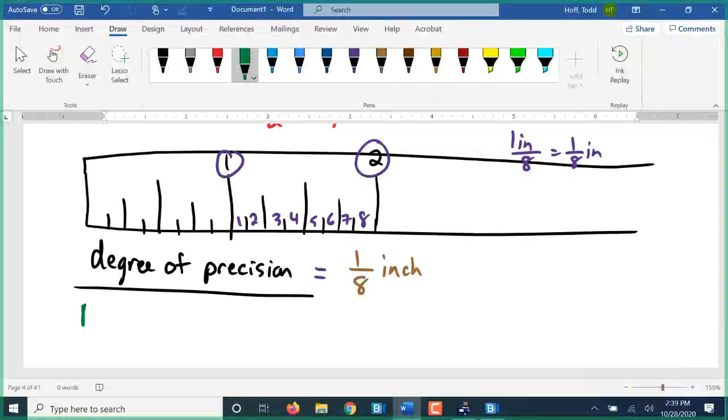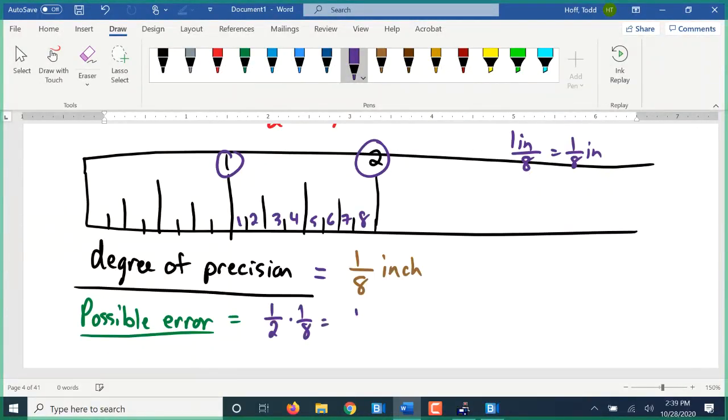Next, then, I want you to give me possible error. Well, the possible error is 1/2 times the degree of precision. So 1/2 times 1/8 is 1/16 of an inch. That means it's plus or minus 1/16 of an inch.